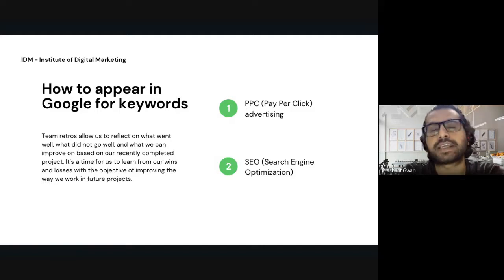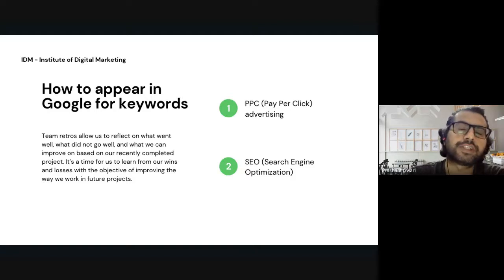You will use that keyword everywhere as many times as possible, and then you can also rank your content or appear on Google with the help of the keywords you are targeting. So there are two ways to appear on Google with keywords. One is bidding on them. The second is using that keyword in your site content, title tag, page description, page URL, or every other place.